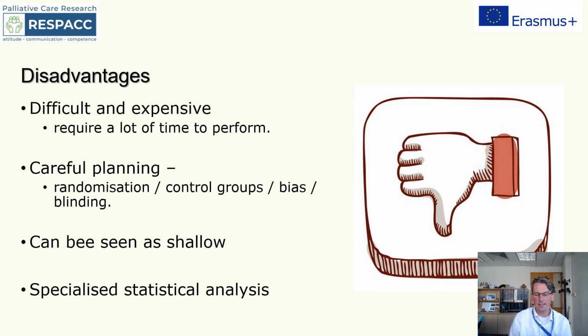Statistical techniques these days are much more complicated, and there are many more elements to the different types of analysis that can be done, and it's a specialist skill in and of itself, so it often requires statisticians to be involved in those types of studies to make sense of the data and to help us understand what the data is actually telling us.